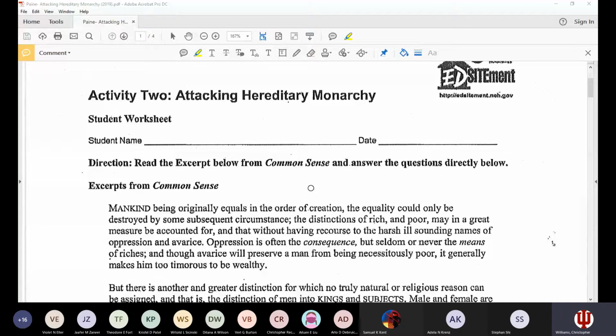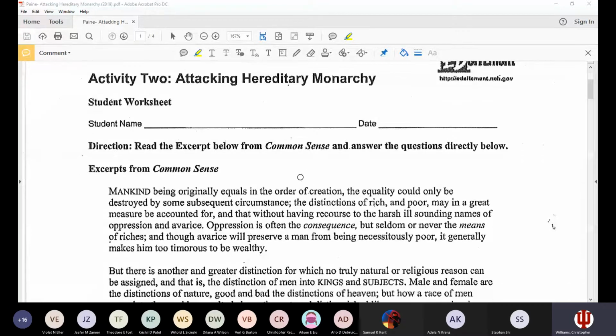But it wasn't as if we didn't have tension and rebellion before the war. We did. So I don't think it's accurate to say that the American Revolution started when the war started.